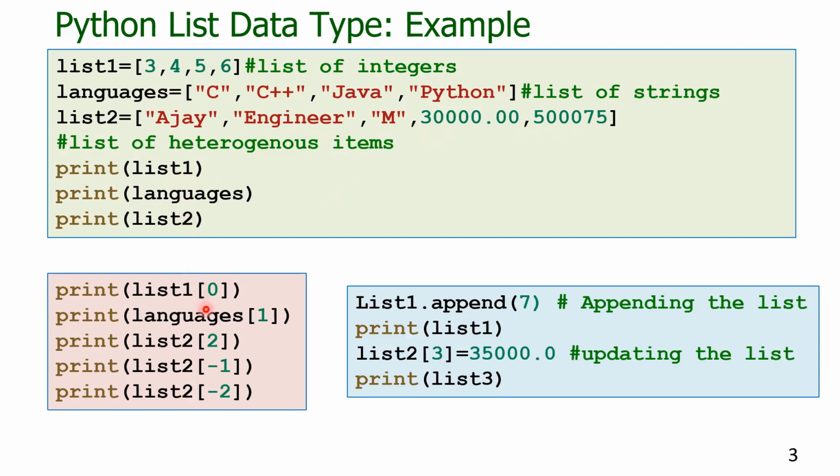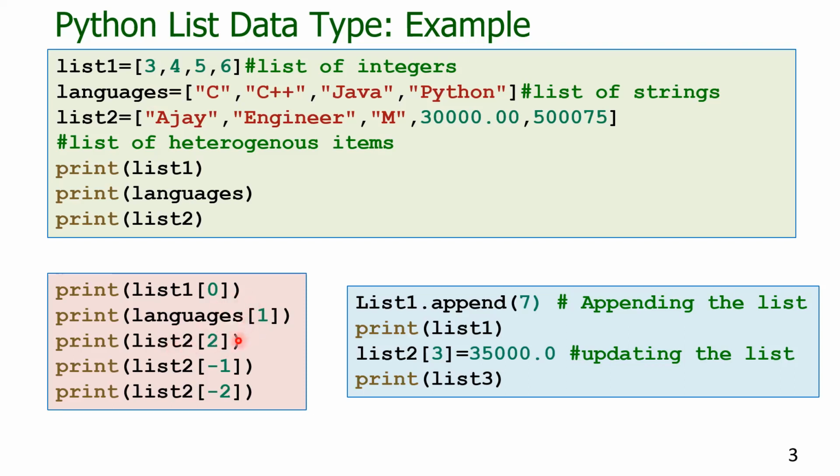Here is another piece of code that shows how the elements of the list can be accessed. Here list 1 of 0 returns the 0th element in list 1, and languages of 1 is going to return the element with index 1 from languages. List 2 of 2 is going to return the element with index 2 of list 2.